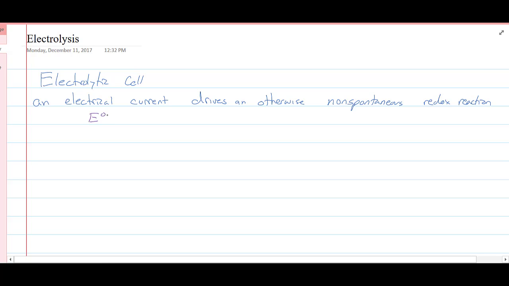E standard for the cell would be negative, and the reaction that occurs will be the easiest one.